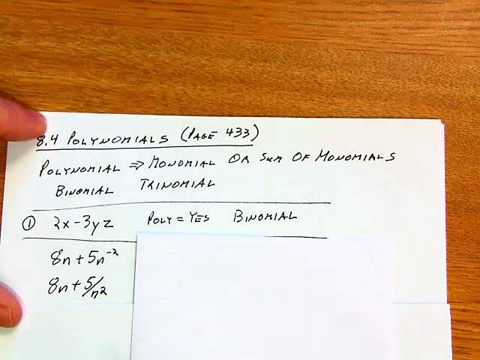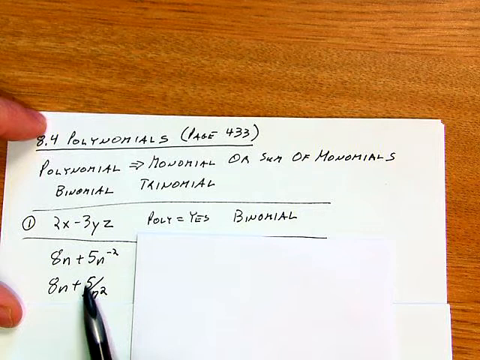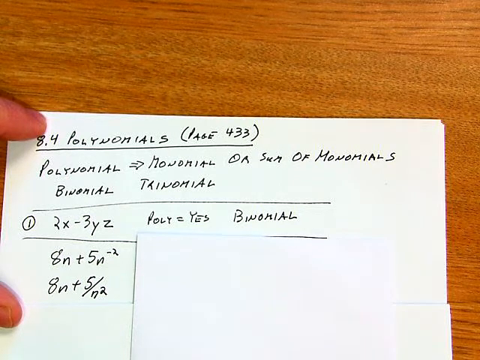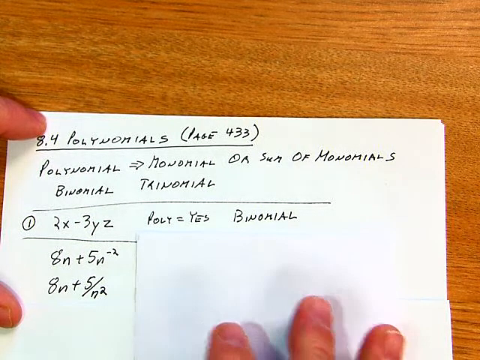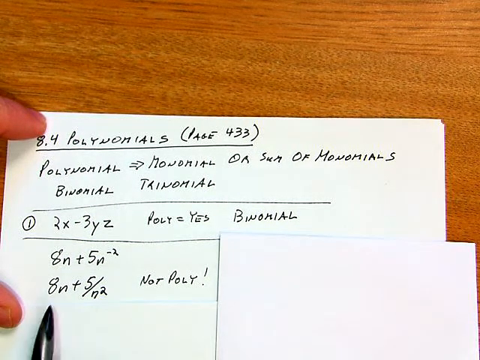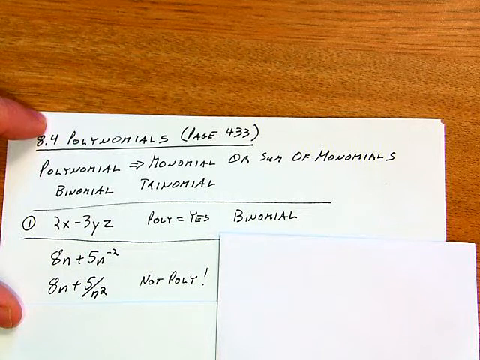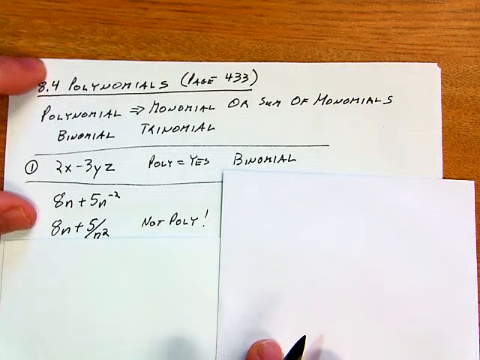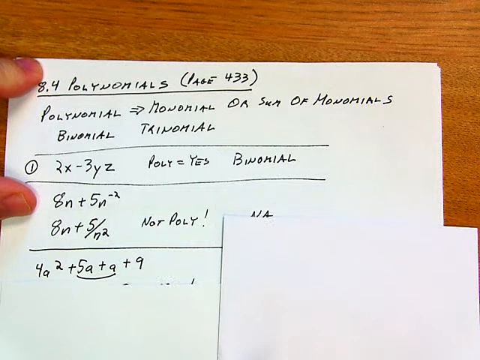If you remember, a variable on the bottom of a fraction is division by a variable, which is not allowed for a monomial. So is this a polynomial? No, because it's an addition of two things and both of them are not monomials. There's no special name for that. It is not a polynomial.